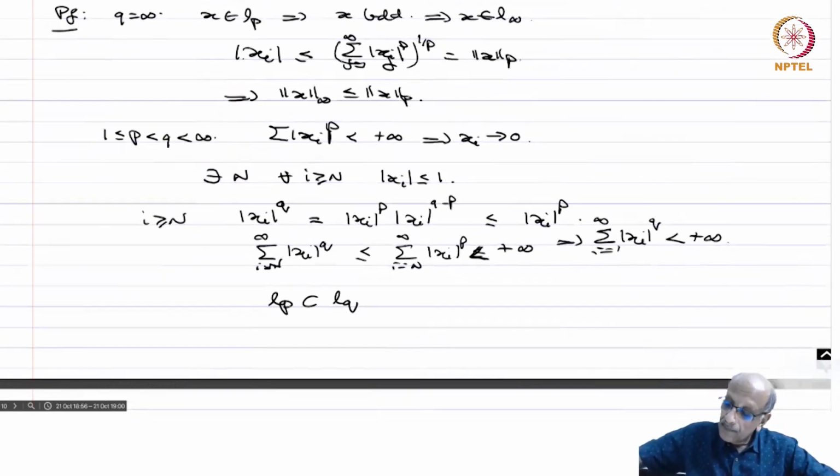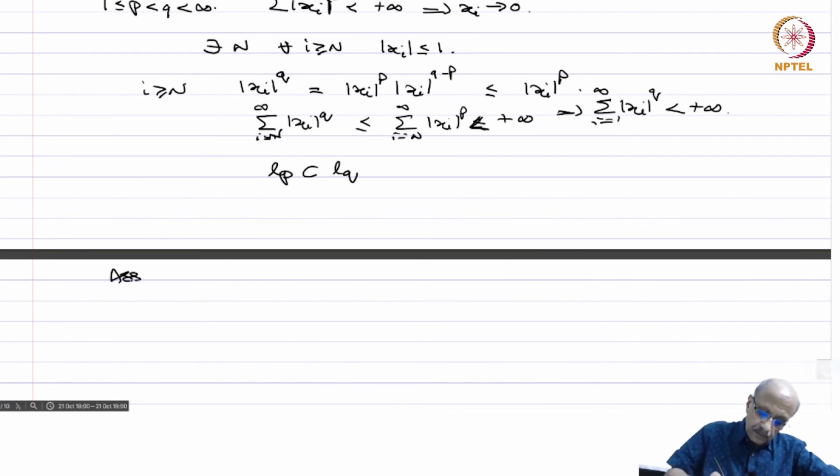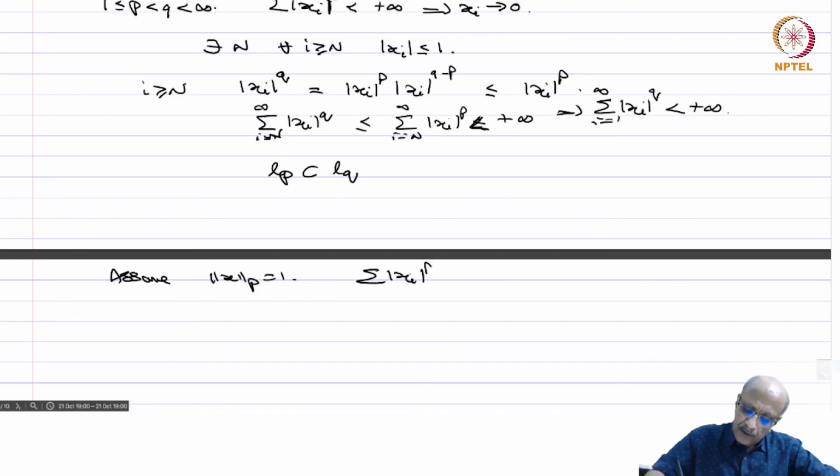Okay. So now for the inequality, assume norm xp equal to 1. So sigma i equals 1 to infinity mod xi power p equals 1. So this implies that mod xi is less than or equal to 1 for all i.